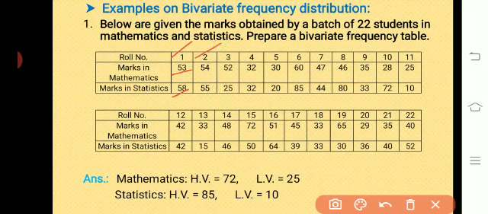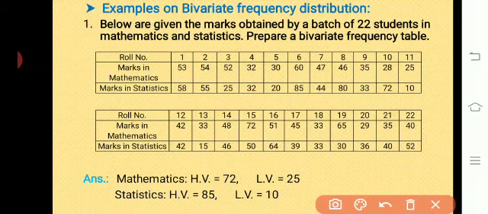Similarly, roll number 2: marks in mathematics 54, marks in statistics 55, and so on. Roll number 21: marks in mathematics 35, marks in statistics 40. Roll number 22: marks in mathematics 40 and marks in statistics 52. So this data we have to tabulate, that is, a bivariate frequency distribution.